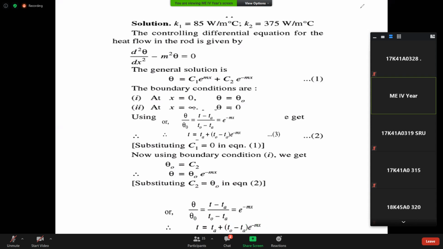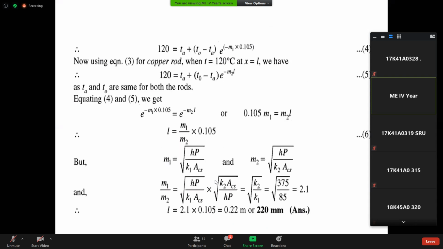So it happens like this. If I substitute the first case distance and the first m1, and then substitute m2, because the material is different, L is what we need to calculate. If I equate these two, because this is 120 and this is 120, the two equations can be equated. The same thing we did here. So these parameters get cancelled, right?